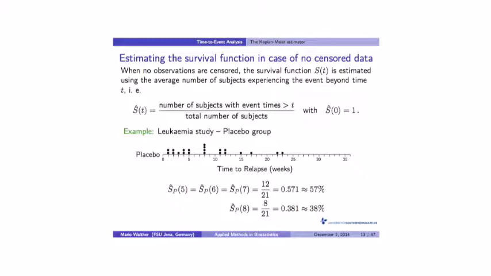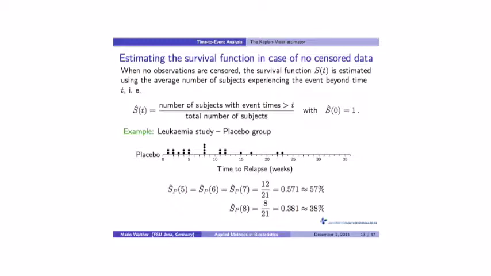So let me estimate the survival probability at time point 5, or the probability of being event-free up to 5 weeks. So we are here. I ask for the probability that the patient relapsed after 5 weeks, which is equivalent to asking for the probability of being event-free up to those 5 weeks. What I have to do is look at the time point and count the number of subjects having the event of interest after 5 weeks.